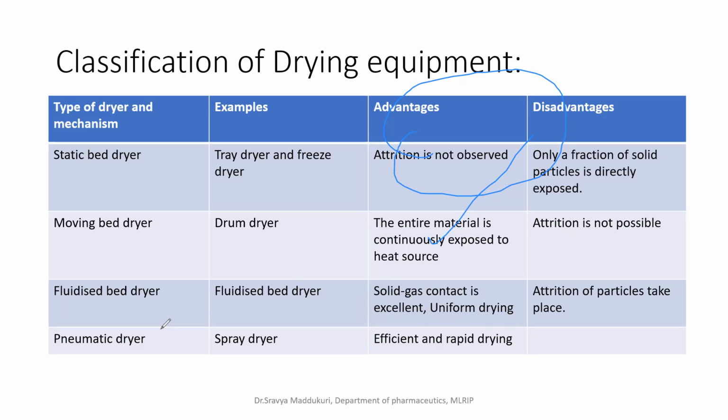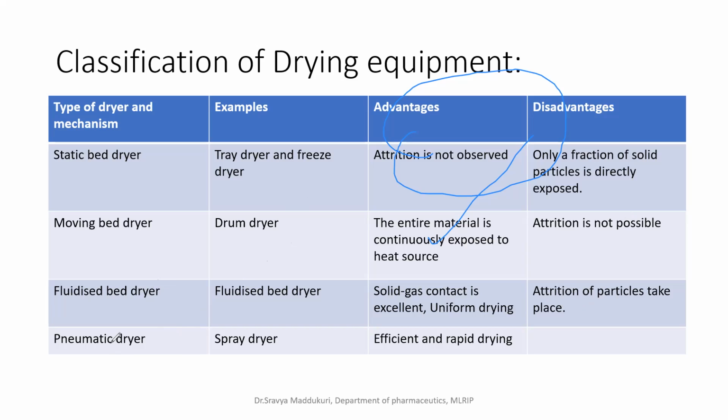We have studied the size reduction chapter where you know fluid energy mill, right? There also you see this fluidized motion. So size reduction is efficient. One of the best, modern and efficient equipments. Attrition of particles takes place in fluidized bed dryer.